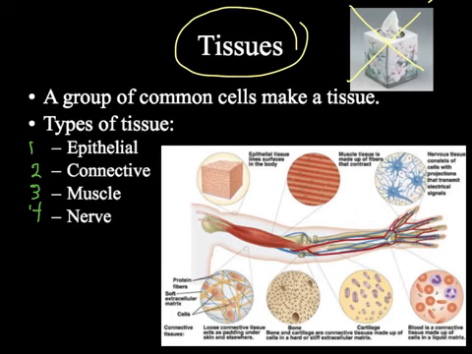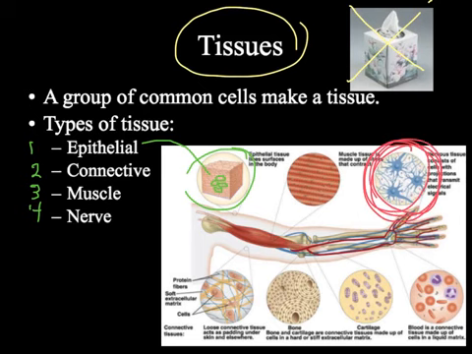Now, the definition of a tissue is: a group of common cells that work together. So if you look, say, in this image here, what you're going to see are a whole bunch of tiny little cells that are all stacked up on each other like bricks, but all the cells look similar to each other, so they're members of the same tissue. Over here we can see these cells that kind of look like little blobs with spikes coming out of them.